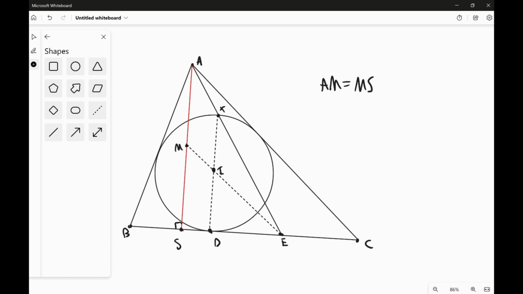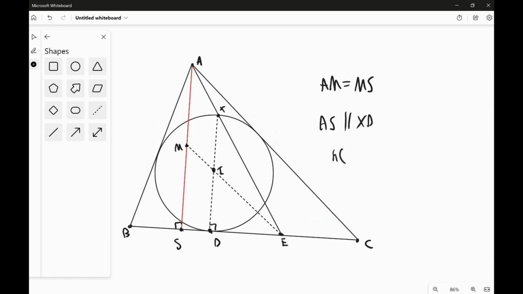So let's get started. So we also have this angle here as a right angle. So we have that line AS is parallel to XD. So that means that triangle EXD and triangle EAS are similar. And stronger than that, they're actually homothetic.